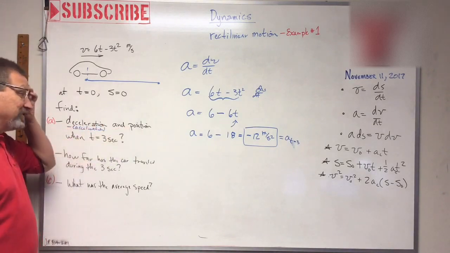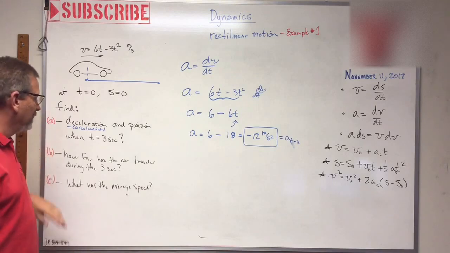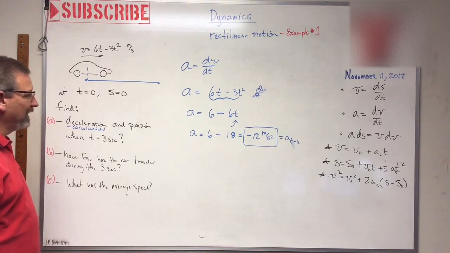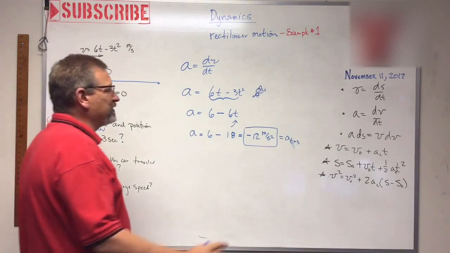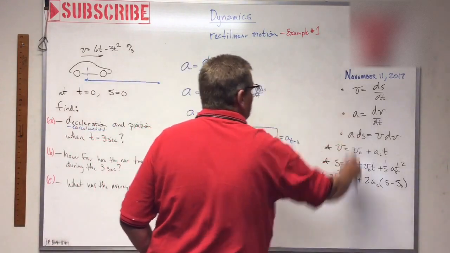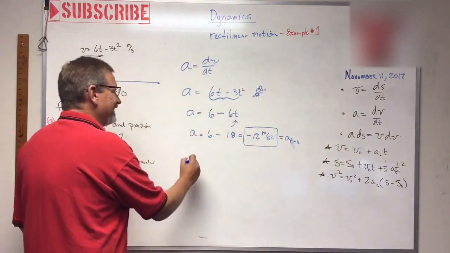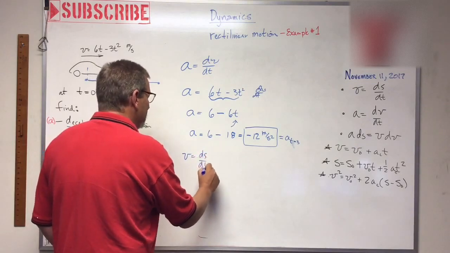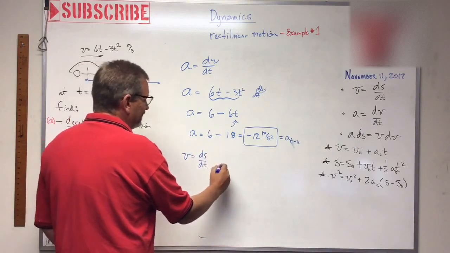Now they want to know the position. How do we know the position when t equals 3 seconds? Well, let's see. We can do that too, can't we? Because we know position is up here, isn't it? Okay, so v is equal to ds over dt. That's position, so let's get that by itself.